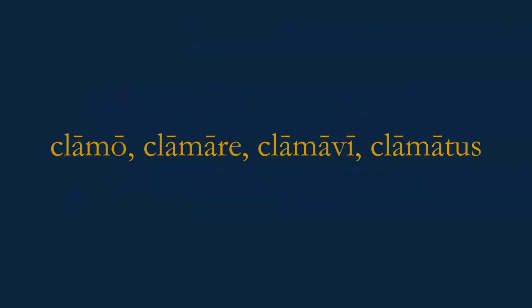For the verb clamo, I shout, the principal parts are clamo, clamare, clamavi, clamatus. The second principal part, the infinitive, is clamare. If we remove the RE, we're left with clama, which is the present stem. Of course, this present stem is really clam plus the thematic vowel A, but we can put them together and call it the present stem.